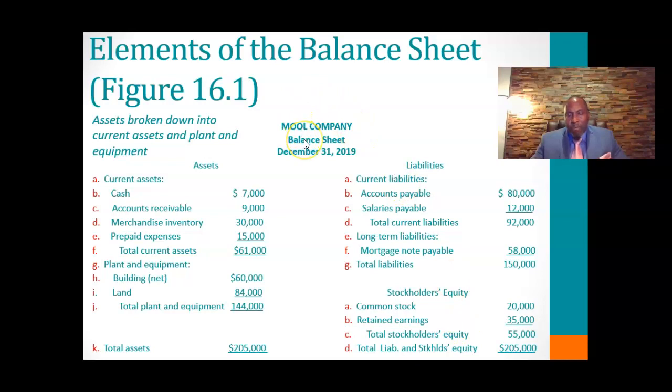So the balance sheet is prepared as part of what's called the annual report by a company. It shows their total assets on a specific date, their total liabilities, and the stockholders' equity amount as of a particular date, that date being December 31st of 2019.